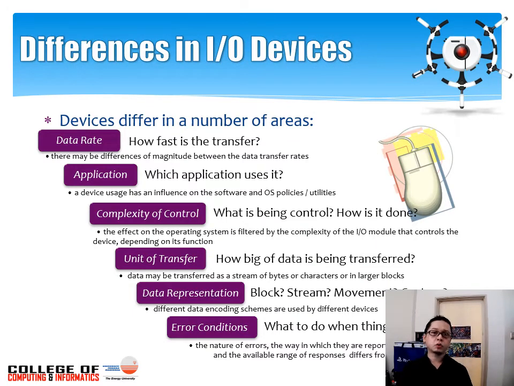Apart from those categories, we differentiate I/O devices in terms of this information. Sometimes we differentiate I/O devices based on, first of all, their data rate, meaning how fast the device can transfer the data. For example, between the click of the mouse and the response that the computer actually reads.